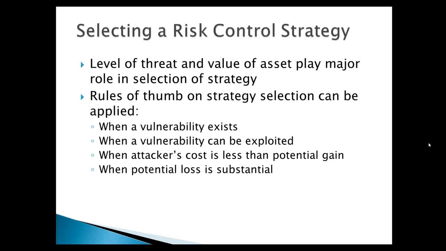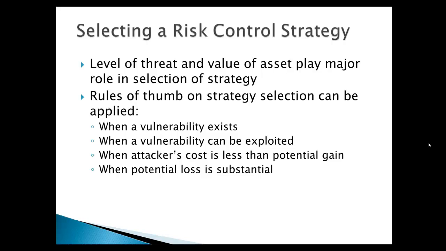Selecting a risk control strategy must take into consideration the level of threat and the value of the asset in selecting the appropriate control strategy. Some basic rules of thumb can be applied in selecting the preferred strategy.